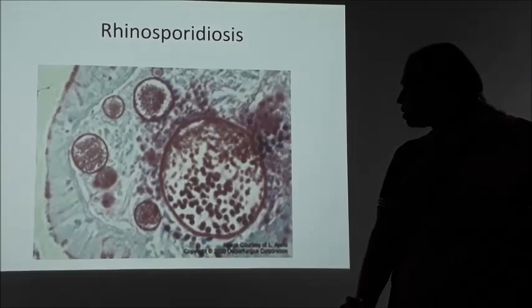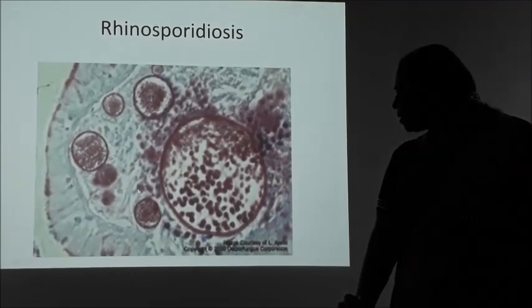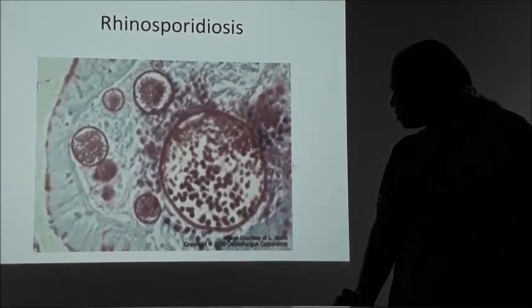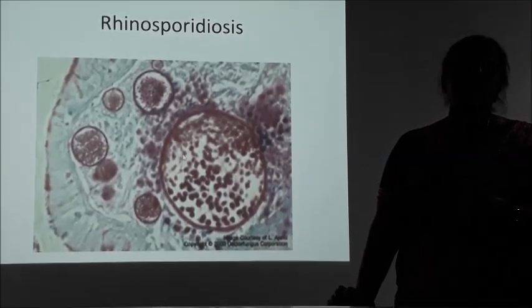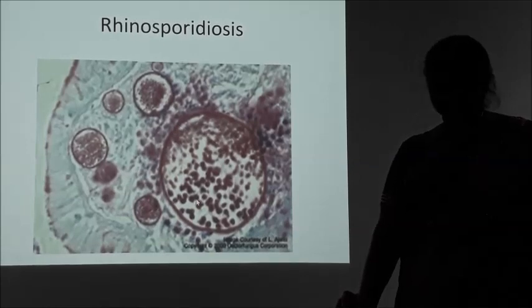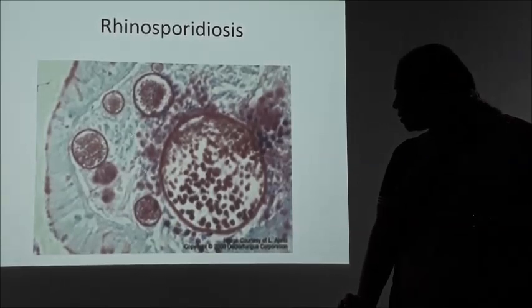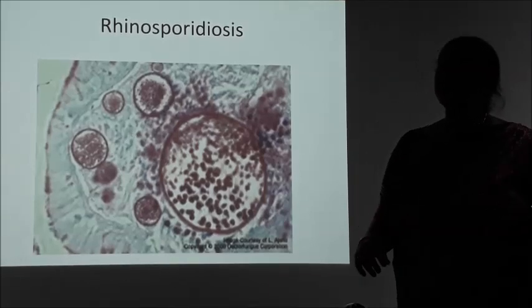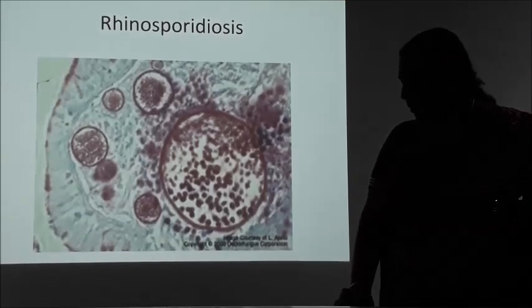Okay, so this one is the earlier one. It matures through all the stages, and once it reaches this full mature stage, it bursts open, and all of these are released outside. Each one of these will get deposited and start growing into a new lesion. Okay, so that is why it becomes a very bulky, polypoid mass.